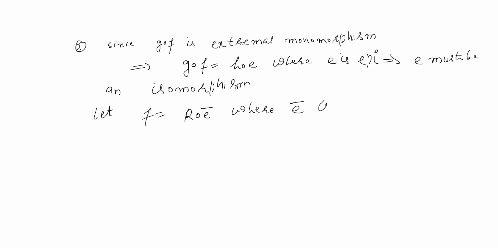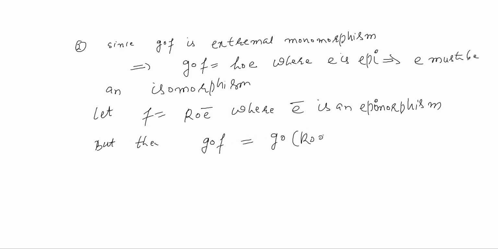We will show that E bar is an isomorphism. But then G composition F is G composition K composition E bar.